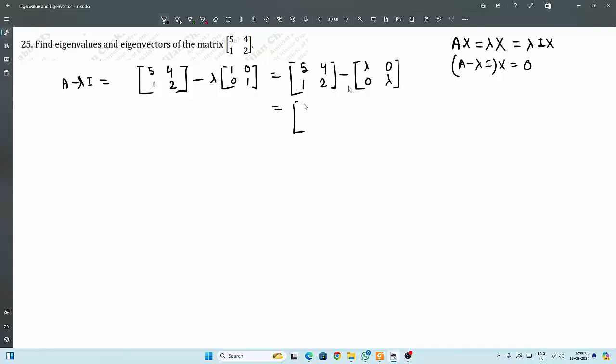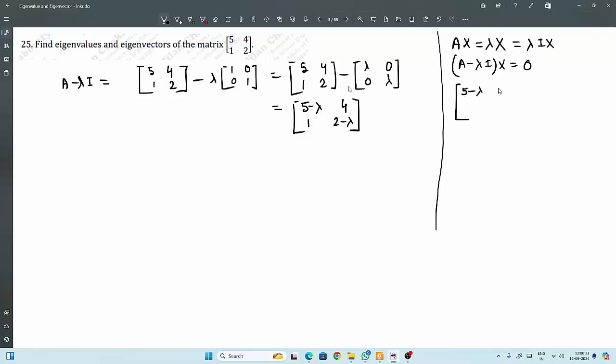After the subtraction, it will be 5 minus lambda, 4, 1 and 2 minus lambda. This will be the matrix. You don't have to write all these things, this is just for rough calculation, I am showing that, but in the exam you have to do all these things.